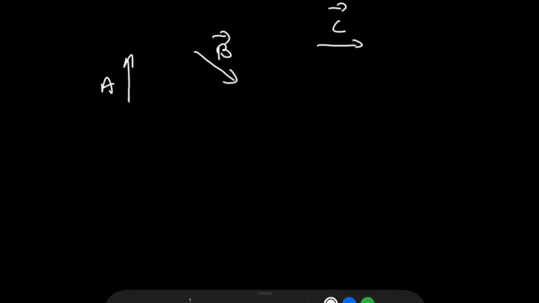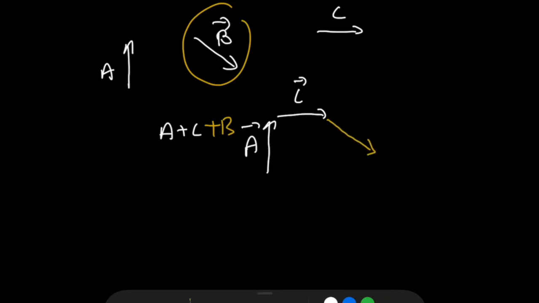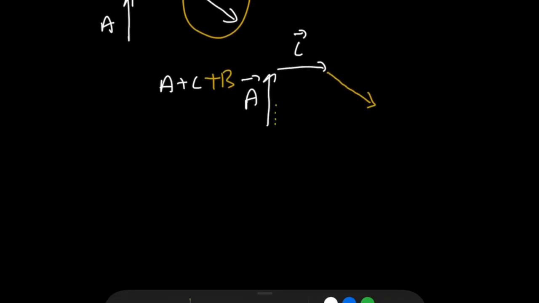So I can see adding A and C is easier for me, like A plus C. So A and C, A and C. Then I can add B, something like this, and I'm going to follow the arrow. You see initial, final. This is my R, resultant vector, addition vector.